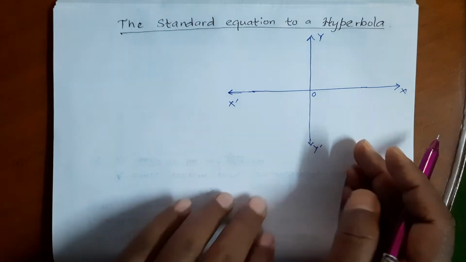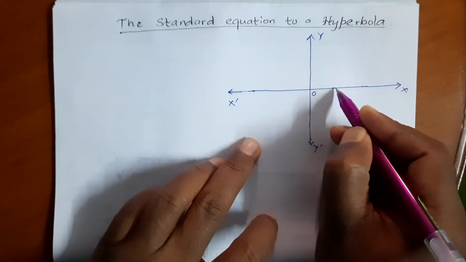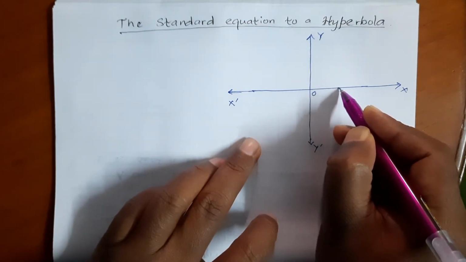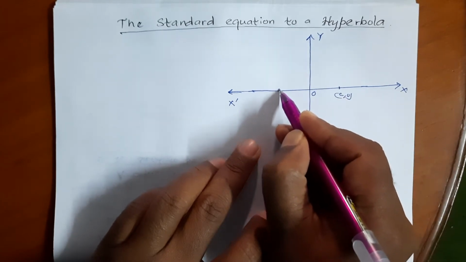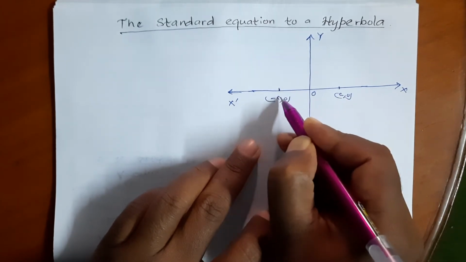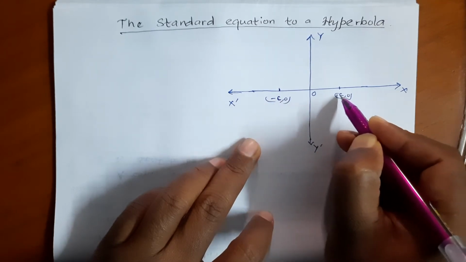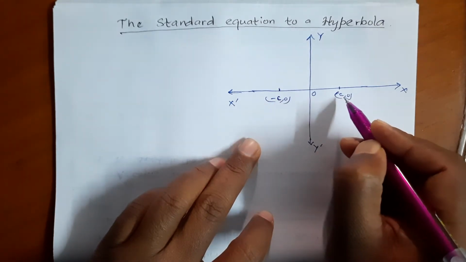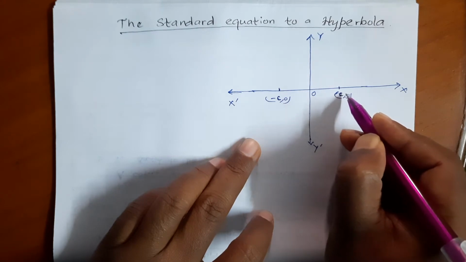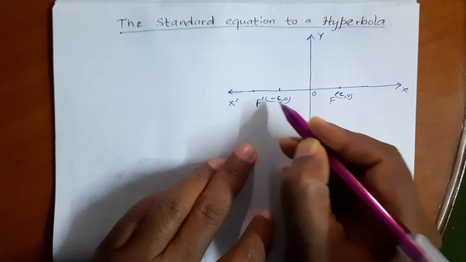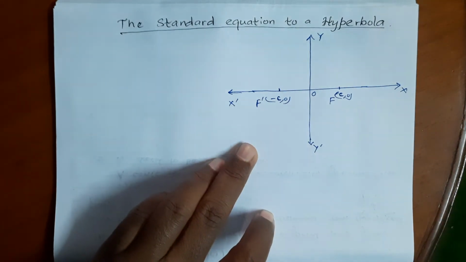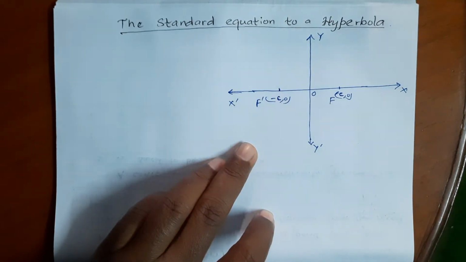Let's take F(c, 0) and F' (minus c, 0) as the foci of the hyperbola.